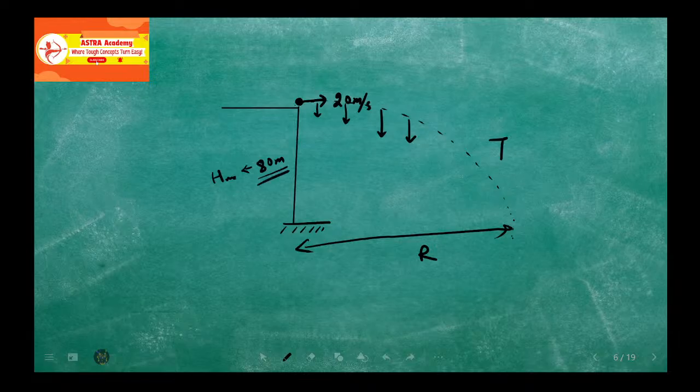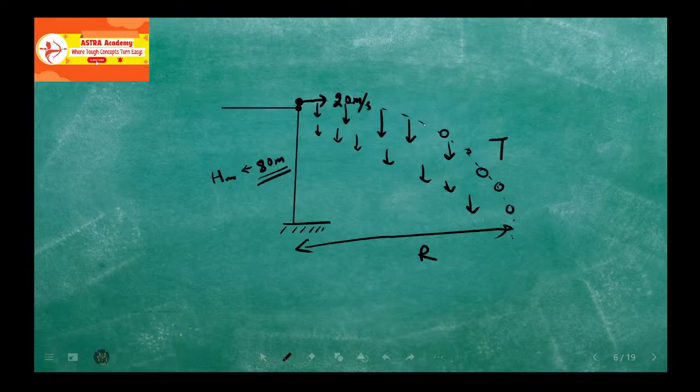Its magnitude will be lower than 80 meters because of gravity. Yes or no? So it will come in the downward direction only, right? So there is no sense of asking maximum height. Maximum height is already given. H max is equal to 80 meters. Tell me time of flight and max range.